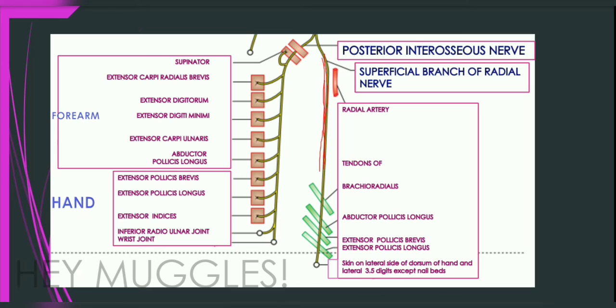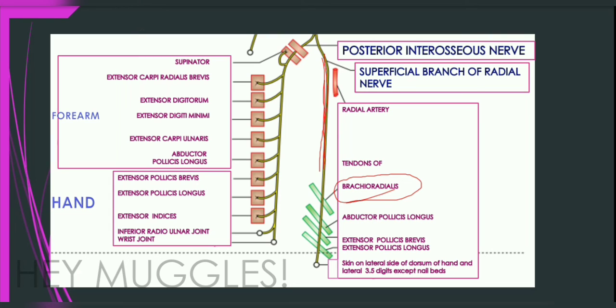Then the radial nerve runs in the forearm and it passes under your tendon of brachioradialis. The structures marked in green are the tendons. So it is emerging under the tendon of your brachioradialis, right?